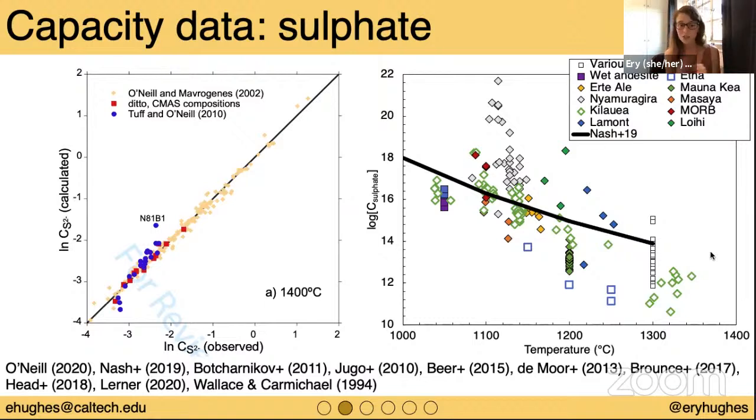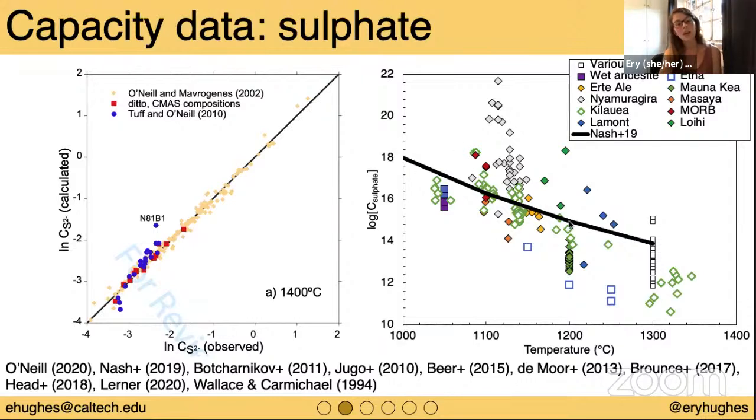I can explain how I do that, but we can see a relationship with temperature: a decrease in the sulfate capacity as we increase the temperature. But at a single temperature, we get quite a wide range of sulfate capacities, and this implies there's some sort of compositional control on it as well.